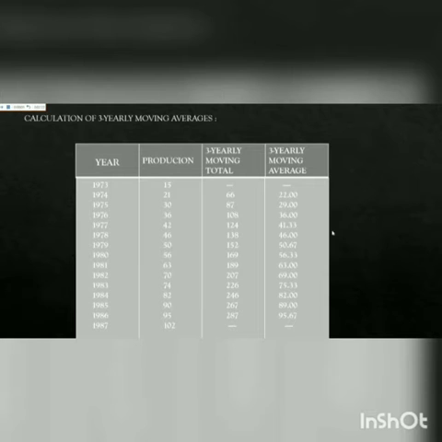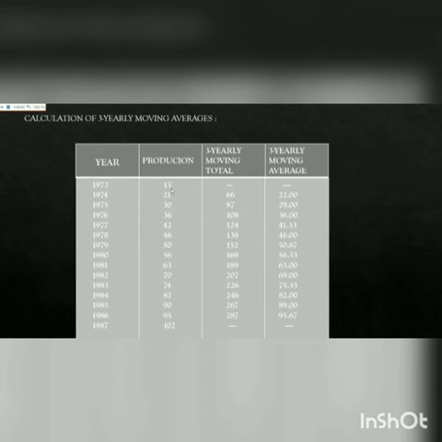First, we have to add up the production values of the first 3 years and place the yearly sum against the middle year. Example, 15 plus 21 plus 30 is equal to 66, and the 66 is placed against the middle year, that is 21.